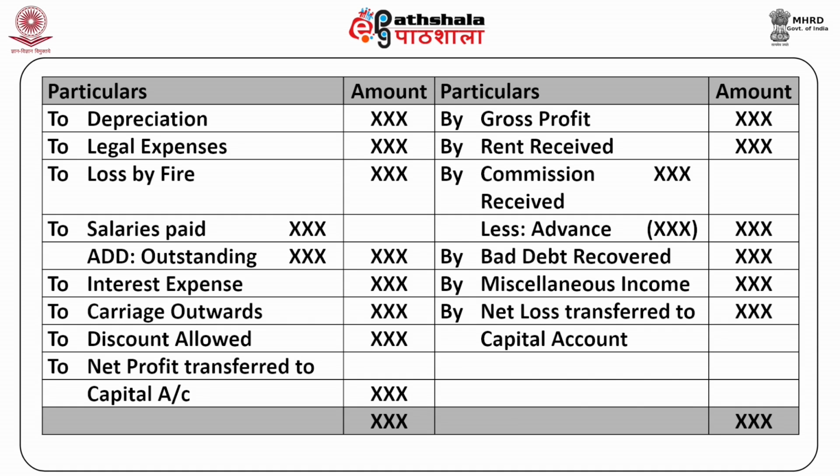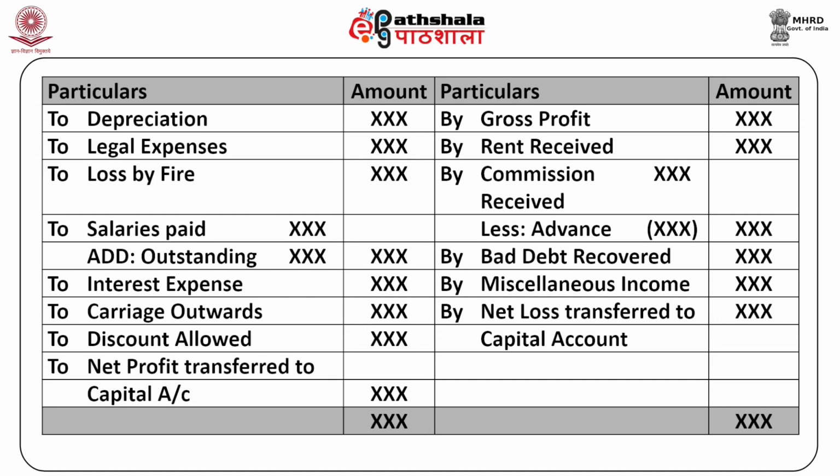Format of P&L account. The format of P&L account is as follows. On the left hand side, you will find particulars like depreciation, legal expenses, loss by fire, salary paid, add to that salaries outstanding, interest expense, carriage outwards, discount allowed, net profit transferred to capital account.